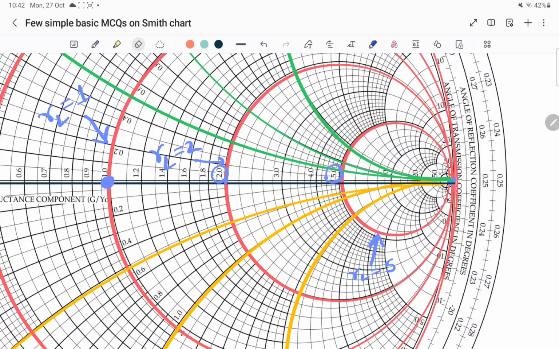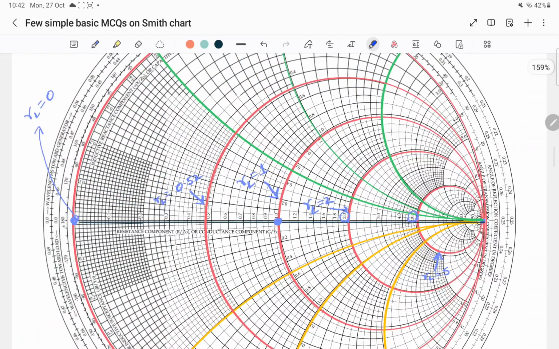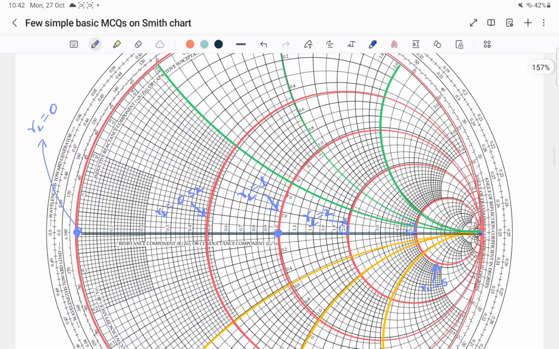What I am trying to say is that if the radius of this constant resistance circle decreases such that the radius becomes 0 and it just becomes a point, then the value of the resistance is infinity. So a circle with 0 radius will have a resistance value equal to infinity. RL is infinity.